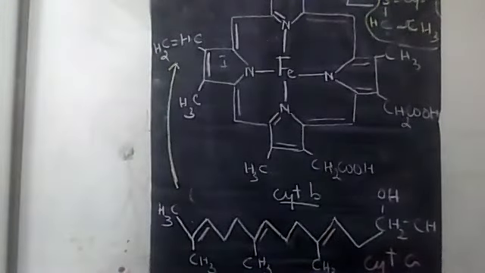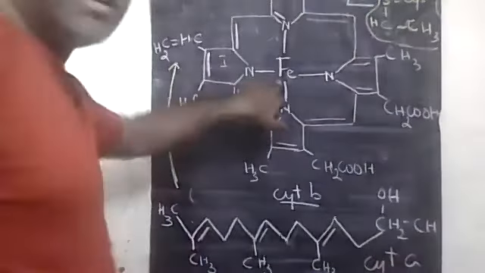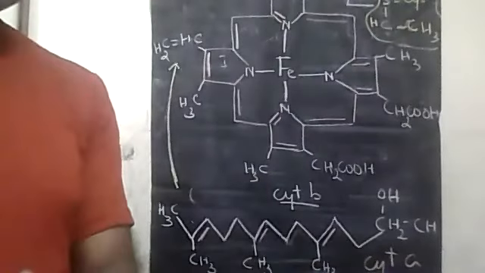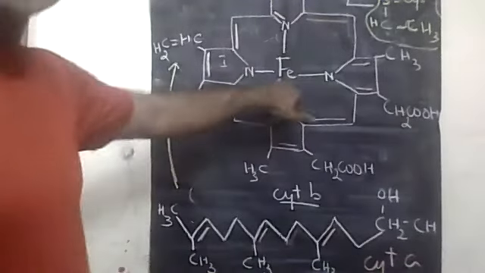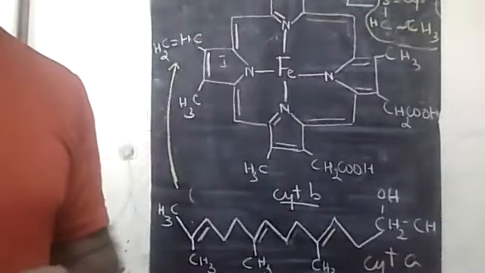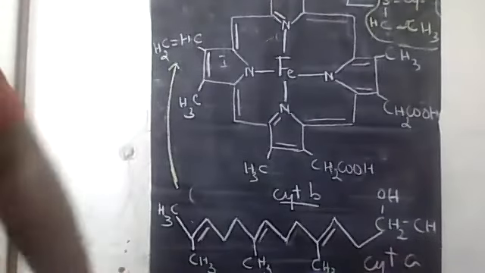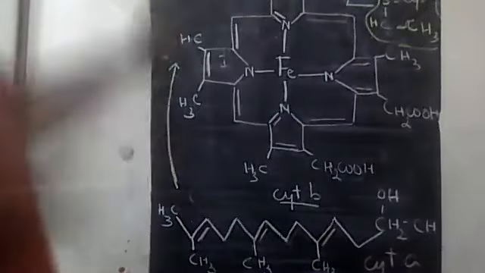This iron is there, no? This iron will be converting from ferric to ferrous and ferrous to ferric. Reduction, oxidation. That you should remember. Just like in iron sulfur protein, I've given you the reaction, no? Can you recollect? I'm writing this side. Like this.